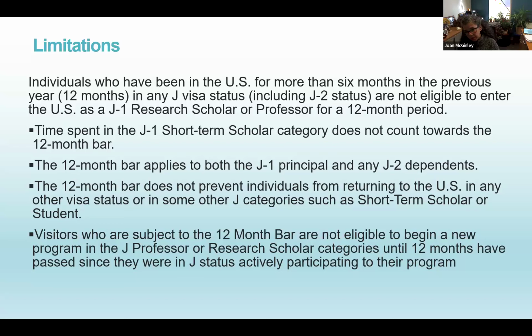The only thing that would prevent that is if they're subject to the 2-year home residence requirement and were trying to come back in, say, H status. Visitors who are subject to the 12-month bar are not eligible to bring in a new J program until the 12 months have passed. Next.